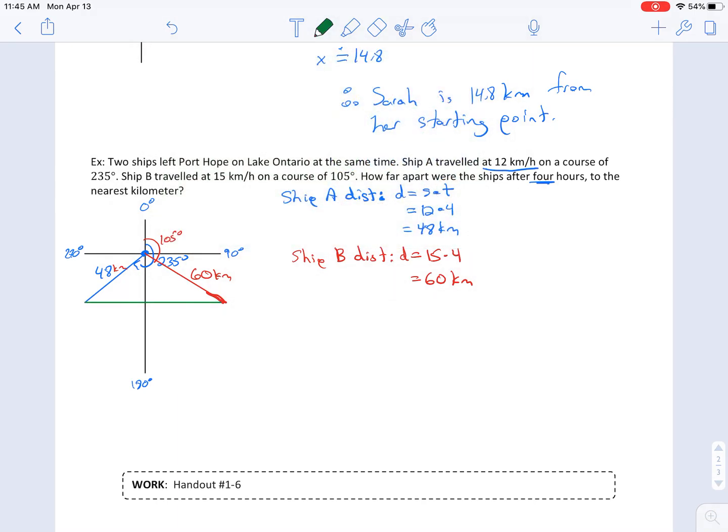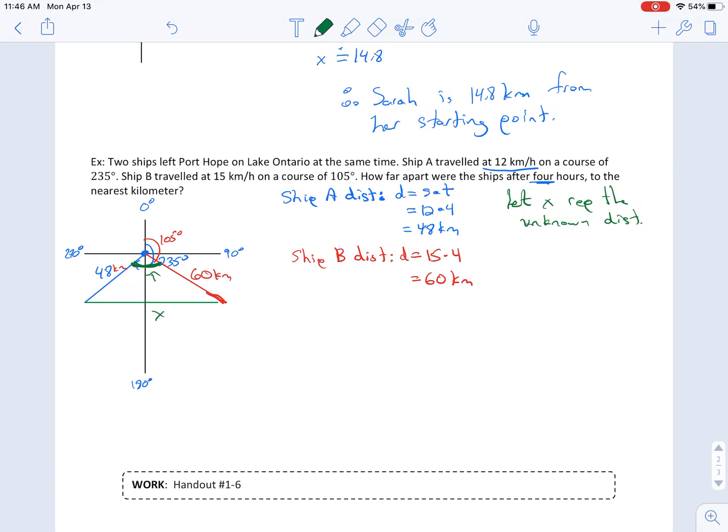What we want is the difference between them. We don't know what that looks like, so we'll call it x. Let x represent the unknown distance. We've got a few things going on here, but we need to know what the angle is between here.